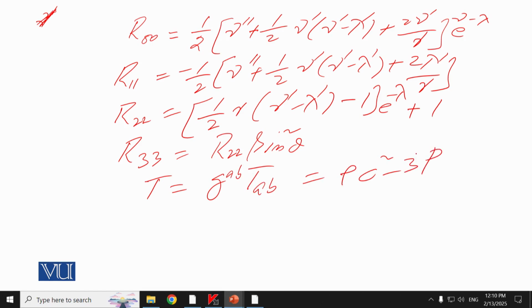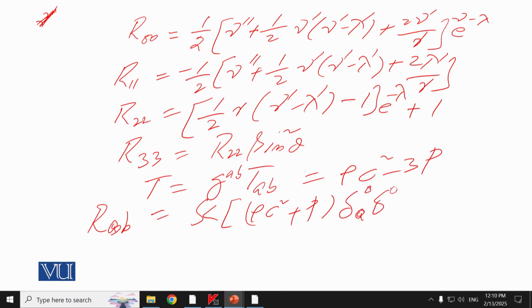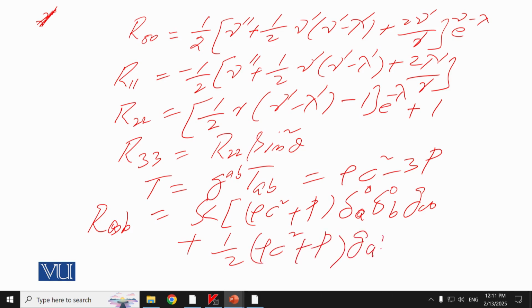In the previous lecture, we have already written another form of the field equations, which is given as R_AB equals kappa times (rho c square plus p) u_A u_B plus 1 by 2 (rho c square minus p) g_AB.